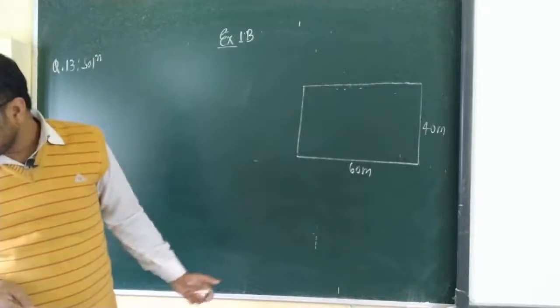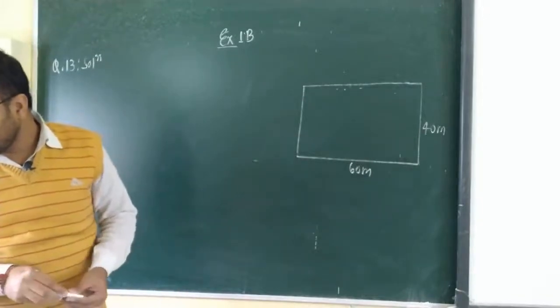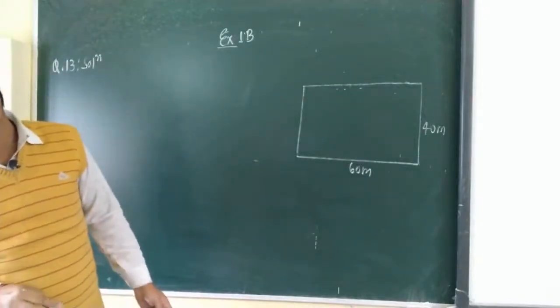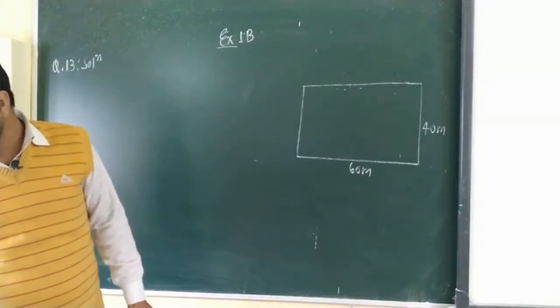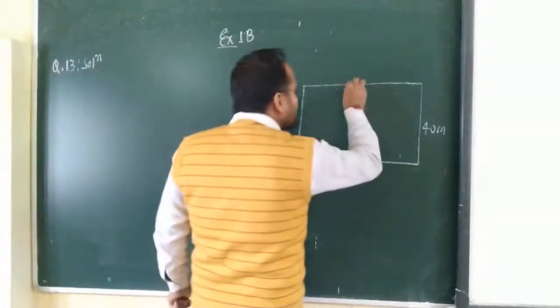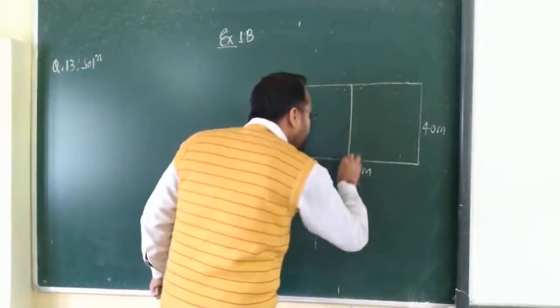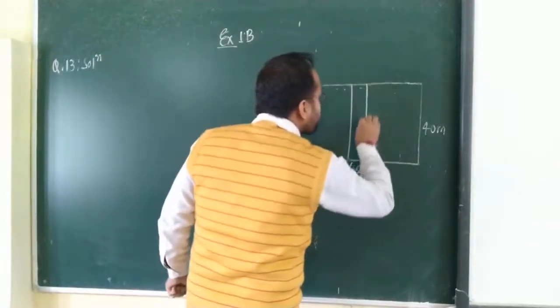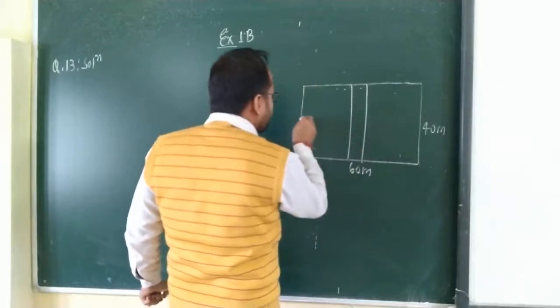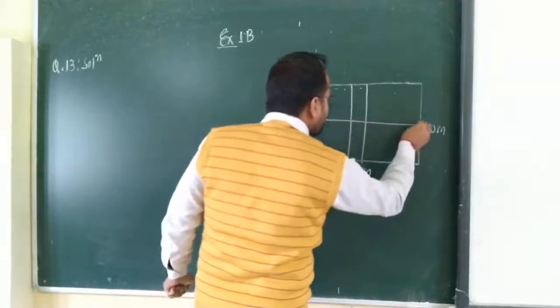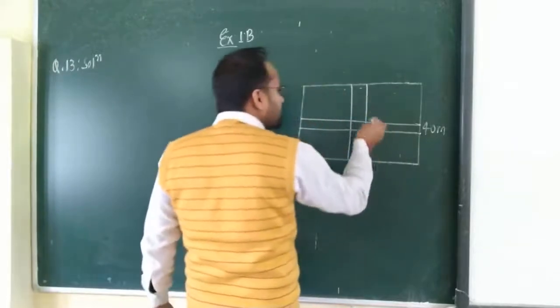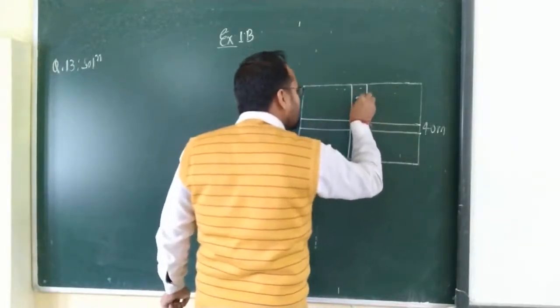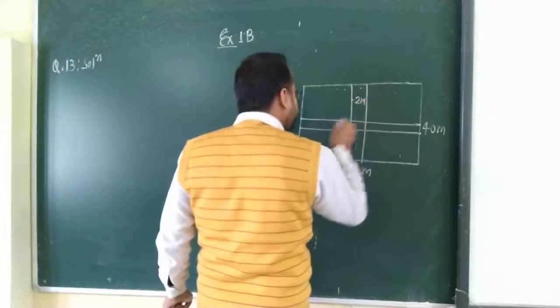It's a rectangular garden. Through the middle of the garden run two straight paths at right angles to each other. If the width of each path is 2 meter, there are two paths in the middle, and its width is 2 meter.